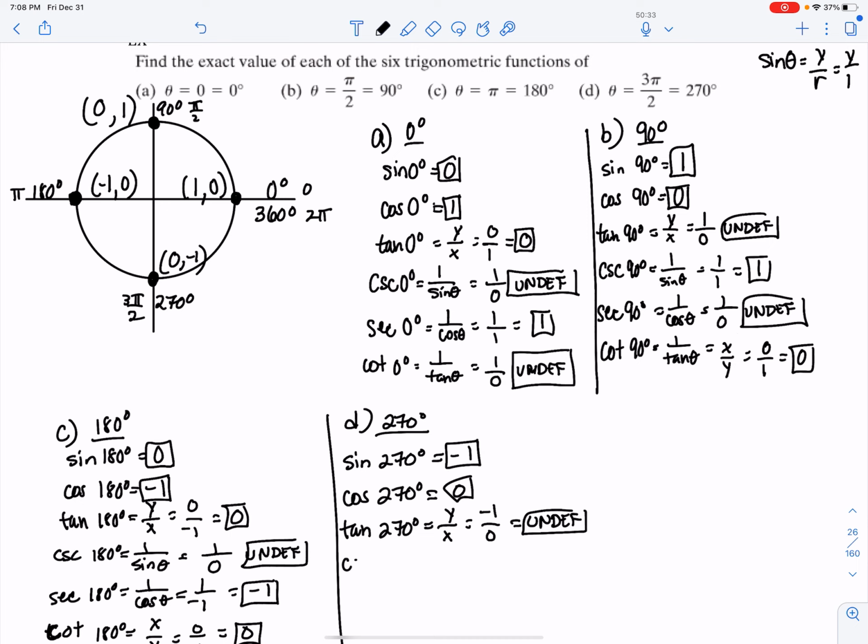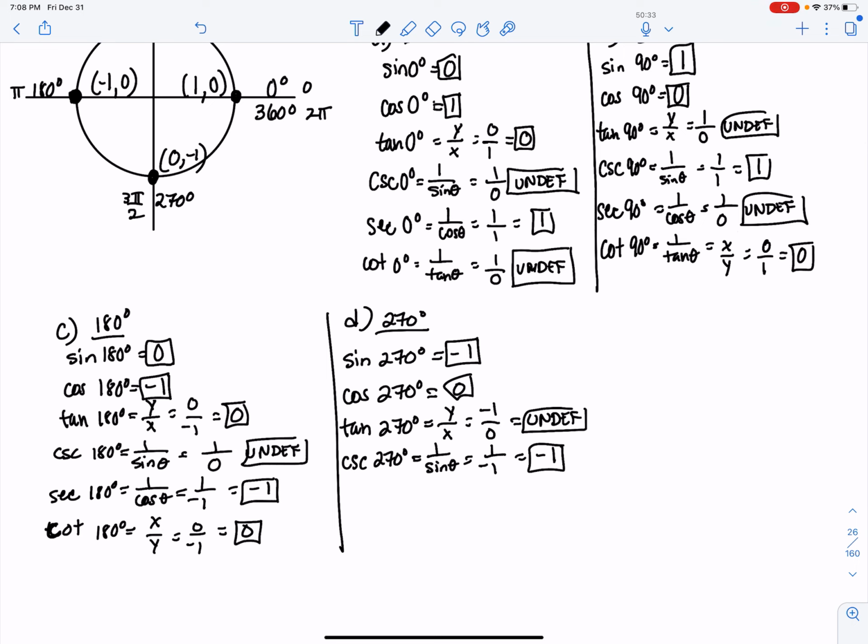Okay, now the reciprocals. Cosecant of 270, reciprocal of 1 over sine. So my sine value is negative 1, so 1 over negative 1 is negative 1. The reciprocal of cosine is secant, so I'm looking for secant of 270, so I'm taking 1 over cosine.